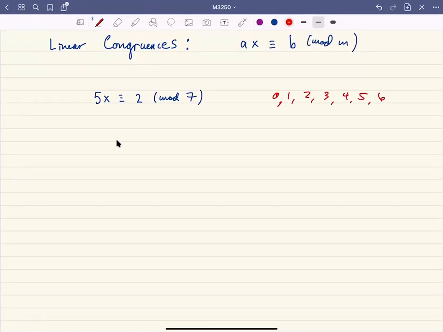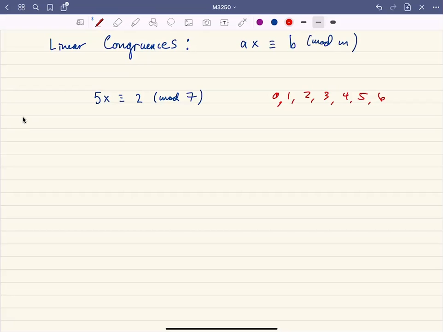When we work with mod 7, remember formally what we're doing is we're working with the quotient set of the equivalence relation where two integers are equivalent if they're congruent mod m. So if we're working mod 7, there are really only 7 different equivalence classes, corresponding to the 7 different remainders that you get when you divide an integer by 7, namely 0 through 6.